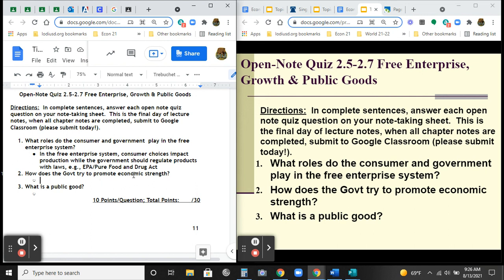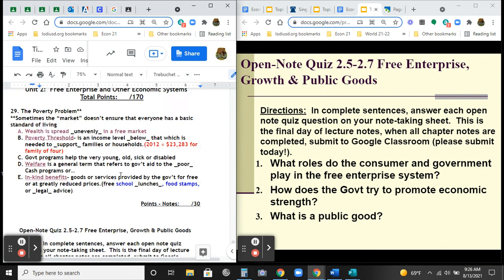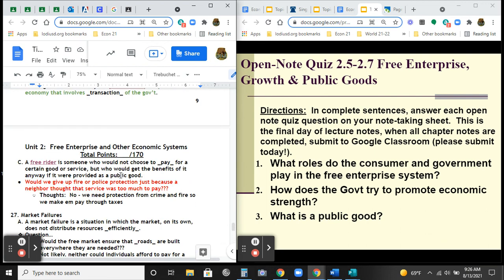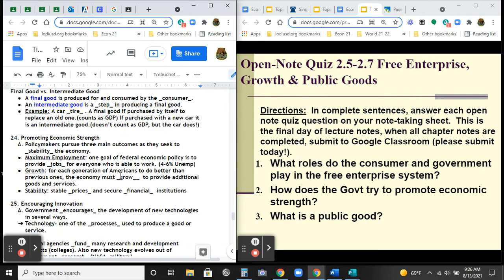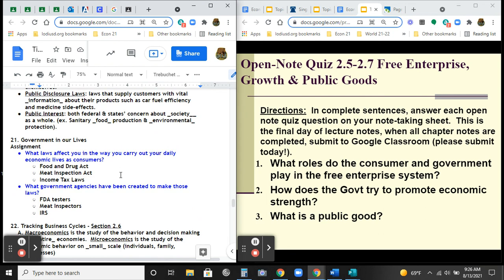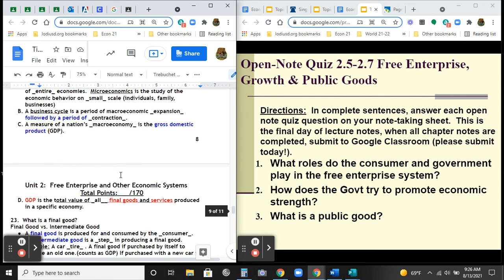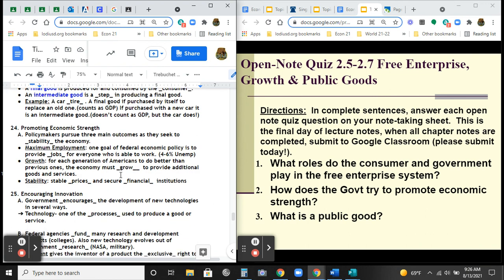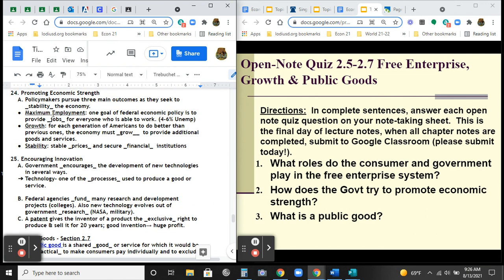Government tries to promote economic strength through funding of research, through maximum employment, having stable prices in banks, promoting growth.